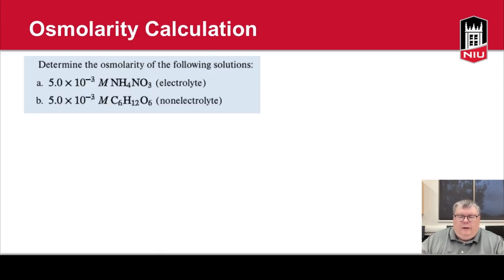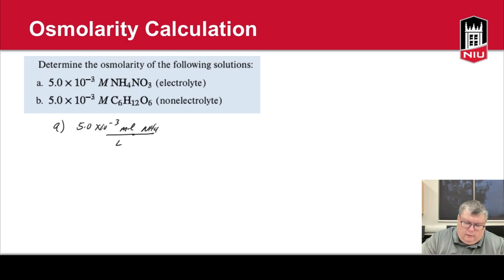So let's do an osmolarity calculation first. Determine the osmolarity of the following solutions. We've got a 5.0 times 10 to the minus 3 molar ammonium nitrate, which, they're telling us, is an electrolyte, and 5.0 times 10 to the minus 3 molar glucose, which they're telling us is a non-electrolyte. So let's do part A. 5.0 times 10 to the minus 3 moles per liter of ammonium nitrate. Remember, that's what molarity means.